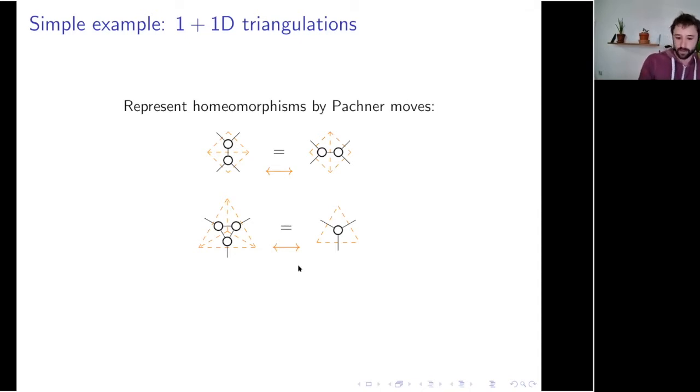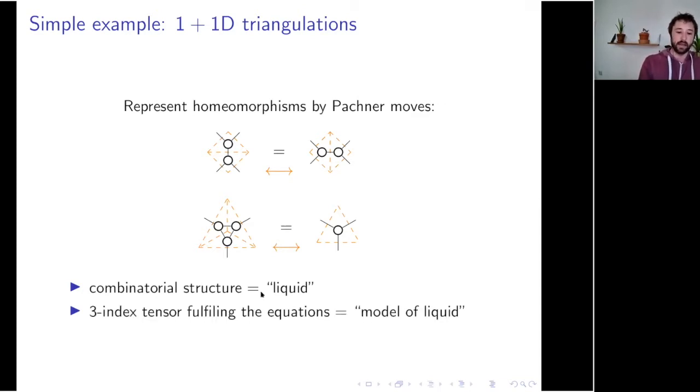At this point, I would like to make a difference in language between the combinatorial structure of these networks themselves, these Penrose diagrams modulo these moves, which I will call a liquid, and the actual 3-index tensor that fulfills these equations, which I will call a model of the liquid.